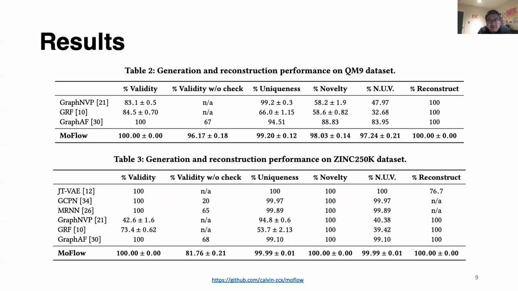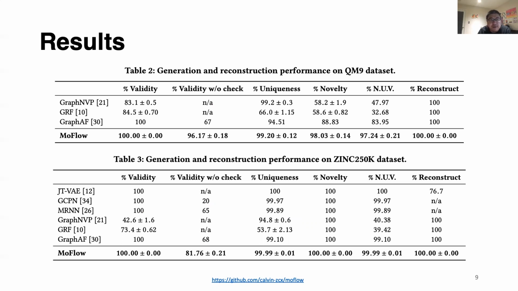We use several indices, including validity without correction, validity with correction, uniqueness, novelty, and we also developed a novel index, which is a multiplication of novelty, uniqueness, and validity, N U V, which can serve as a more comprehensive index to represent how good the algorithm can design a molecule, and also the reconstruction rate.